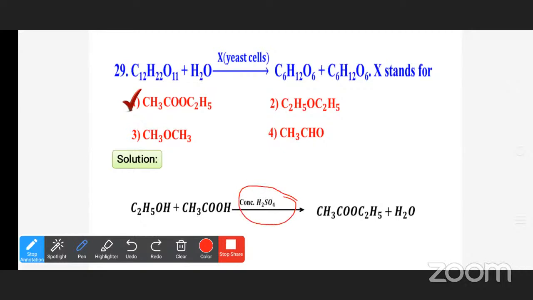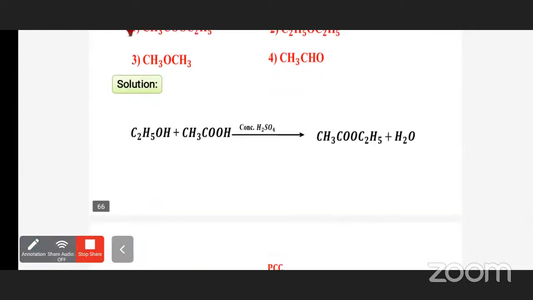So number one, concentrated H2SO4, is the right option. Like sucrose, the hydrolysis of methyl ester is also a pseudo first order reaction.